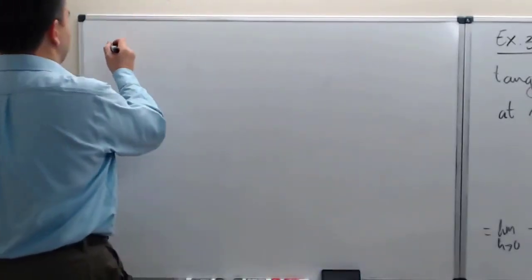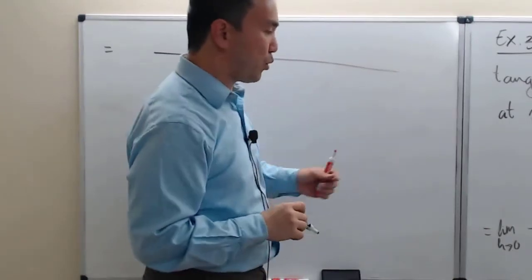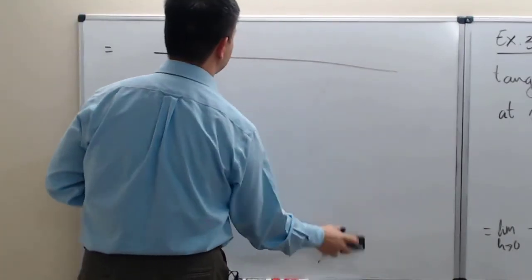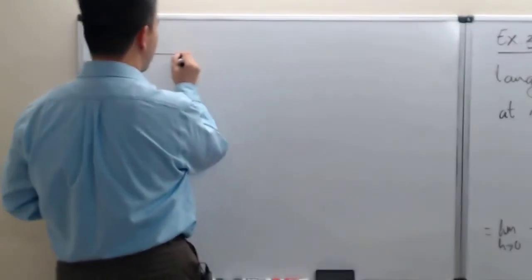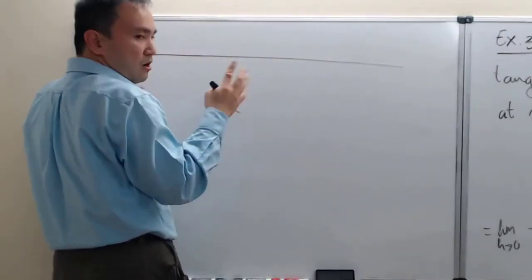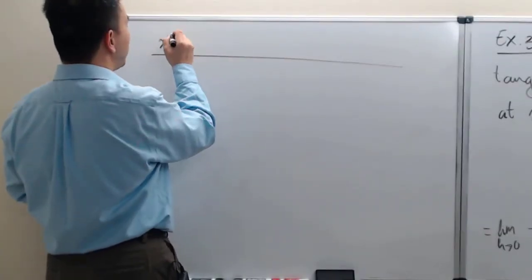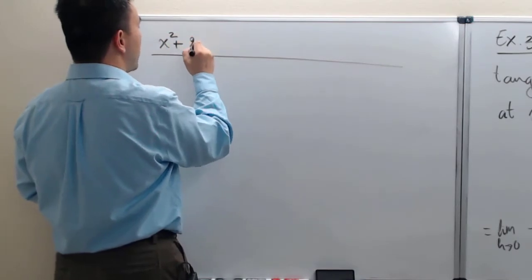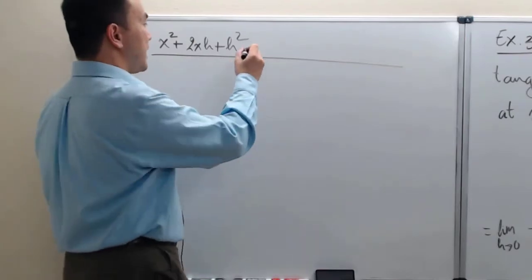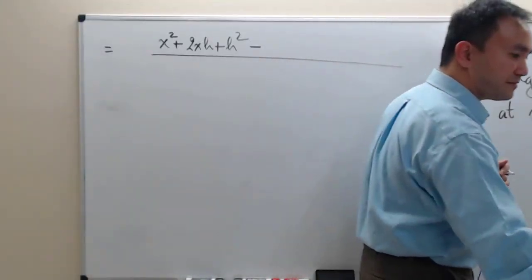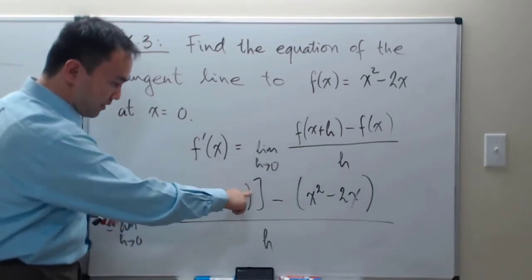Now (x plus h) squared can be written as, and within just this lecture you have already seen x plus h squared quite a few times, so allow me not to show all the explanation anymore, x squared plus 2xh plus h squared. And then minus 2 times (x plus h).